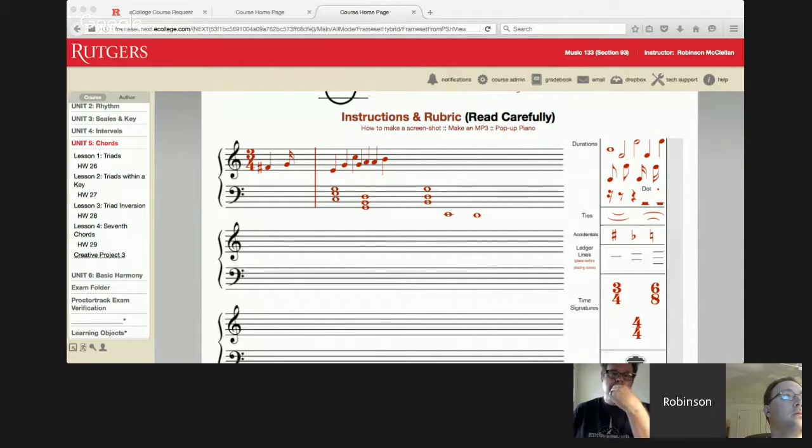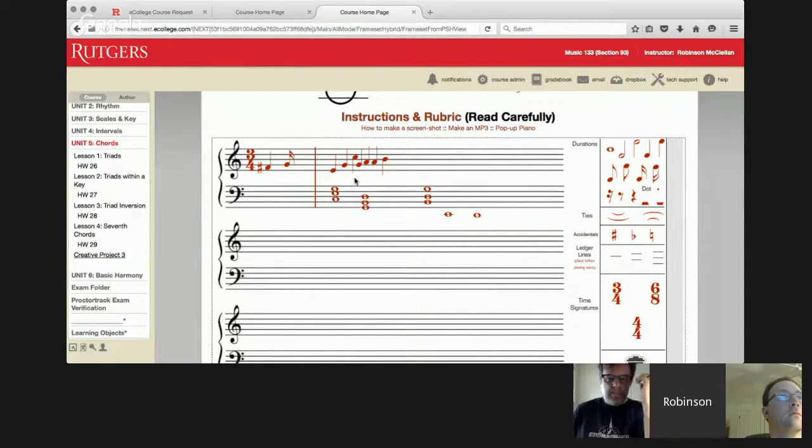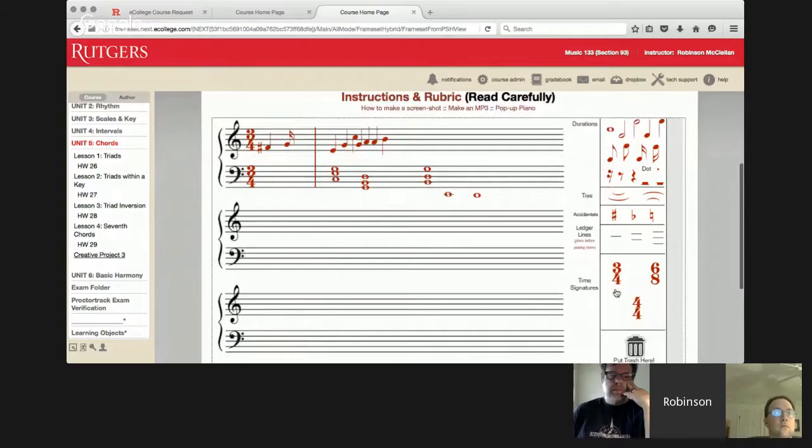Then the next one was, does the time signature like 4/4 go on both the bass and treble or just one of them? So we answered this in Piazza, but just briefly, I'll show that one. Mine was not complete. I hope you can all still see this. You do need to put the time signature on both clefs, but I saw a lot of this in Creative Project 2, and maybe we didn't make it clear enough, where it was repeated on every single line.